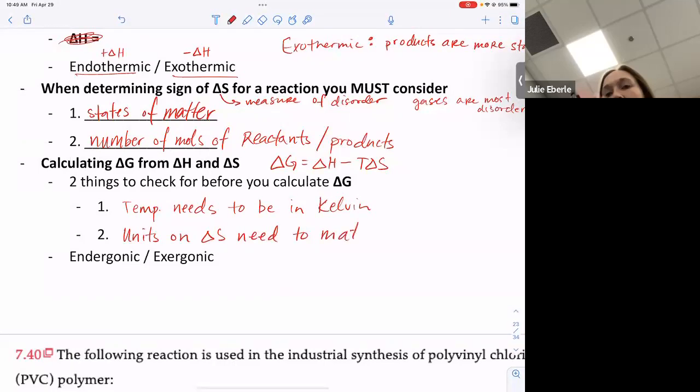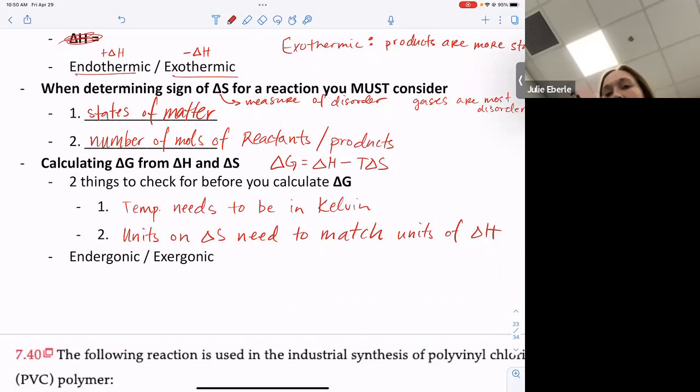Units on delta S need to match the units of delta H. So I always just take my delta S, usually calories or joules per mole Kelvin, and convert it to kilocalories or kilojoules for delta H. This is because changes in delta S are always just way smaller than changes in delta H. That doesn't mean they're not important, but it's always easier to track them with smaller units. But if we're gonna plug them into the same equation, they need to have the same units.